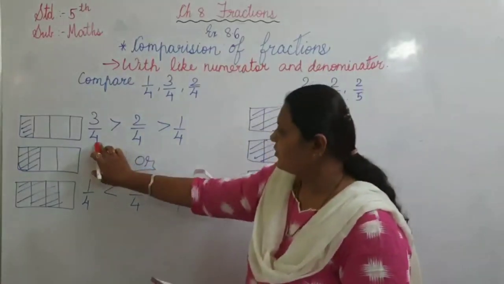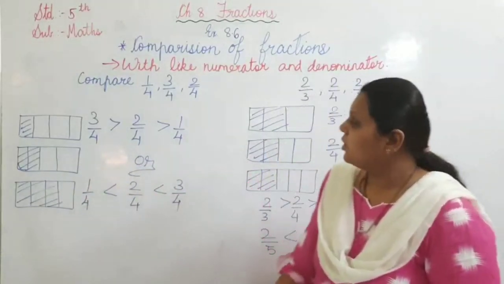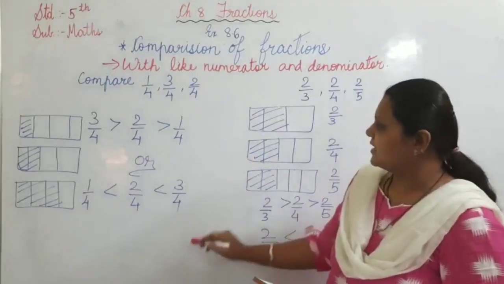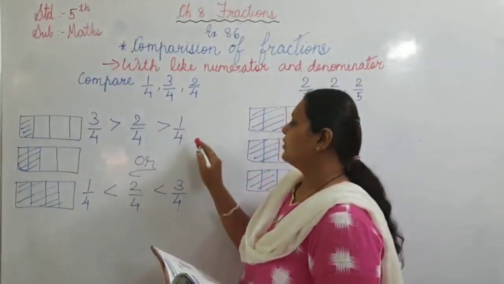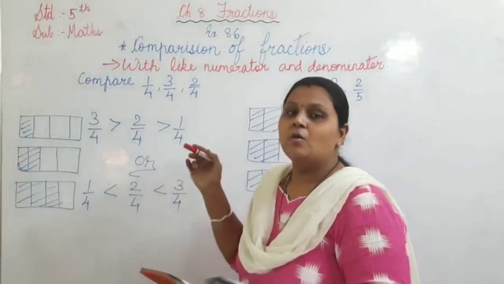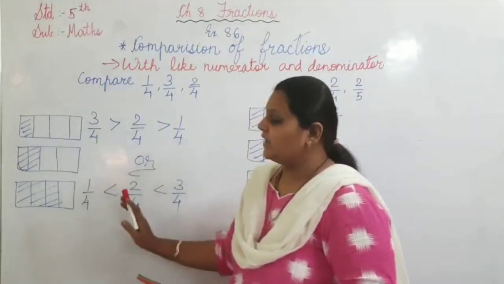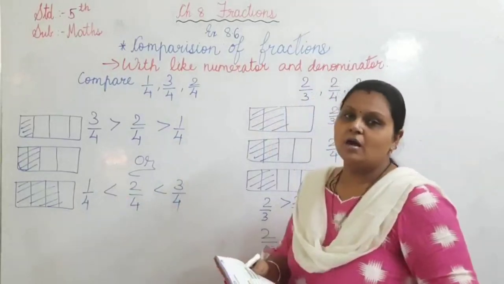Here 1/4, here 2/4 and here 3/4. So when denominators are the same, we can say that 3 upon 4 is greater than 2 upon 4, which is greater than 1 upon 4. Or we can write it in reverse, 1 upon 4 is less than 2 upon 4, which is less than 3 upon 4.